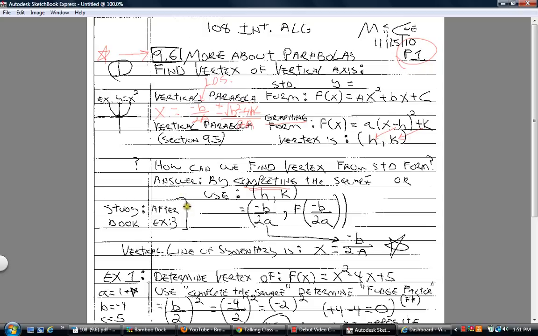I want to use it to prove to you that the line of symmetry is negative b divided by 2a, because the line of symmetry, which is vertical, is going to go through the h portion of the vertex, which is the x-coordinate. Tongue twister there.